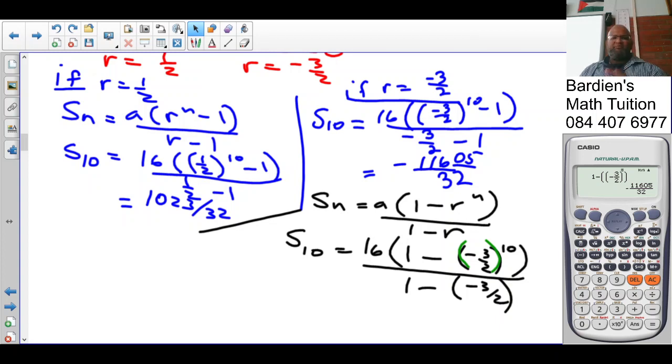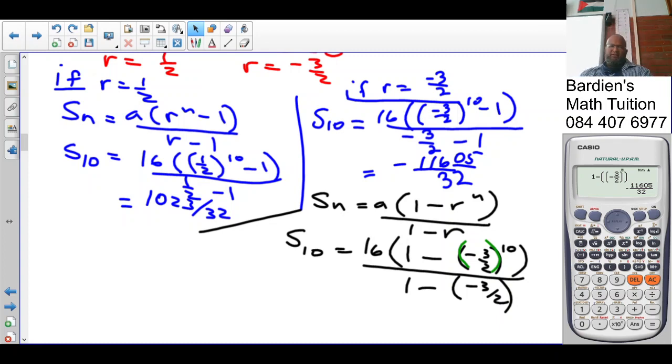So now we're looking at the sum to infinity. The sum to infinity, or the sum of an infinite number of terms of a geometric series, can be determined if r is greater than negative 1 but less than 1.